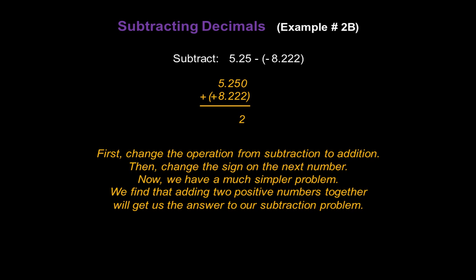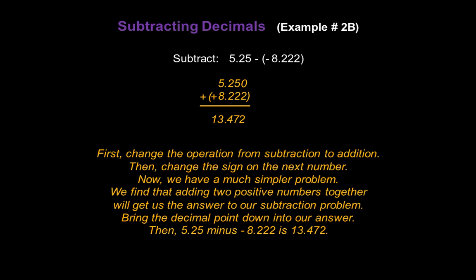So 0 plus 2 is 2, 5 plus 2 is 7, 2 plus 2 is 4, 5 plus 8 is 13. Now bring the decimal point down into our answer, just like that. And 5.25 minus a negative 8.222 is 13.472.